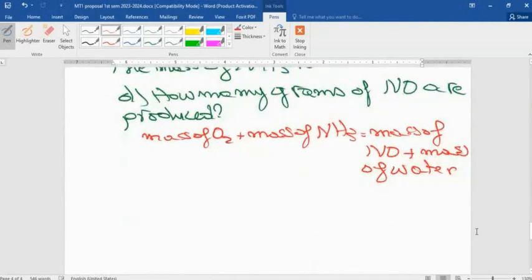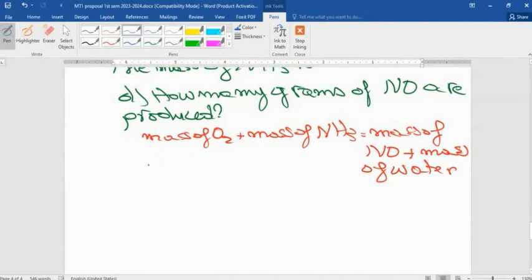Be careful here. Here it is the mass of the oxygen gas consumed and the mass of ammonia consumed, not the mass of ammonia which I put in my reaction.